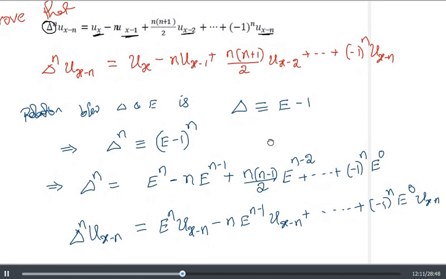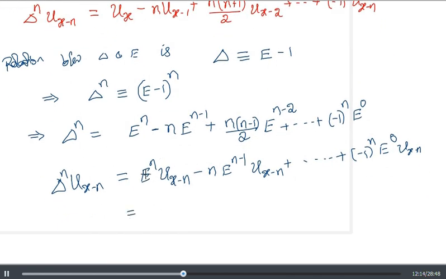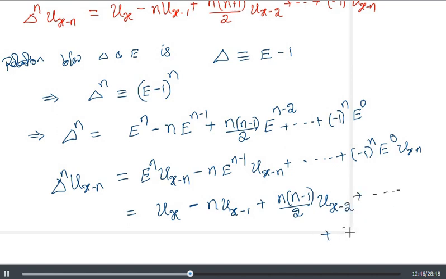They want u_x first. E power n acting on u_(x-n) will give me u_x only, minus n into E power (n minus 1) acting on this will give you u_(x-1), plus n into (n minus 1) by 2, and this will give you u_(x-2), plus and so on, plus (-1) to the power of n into u_(x-n). So this is delta power n of u_(x-n).